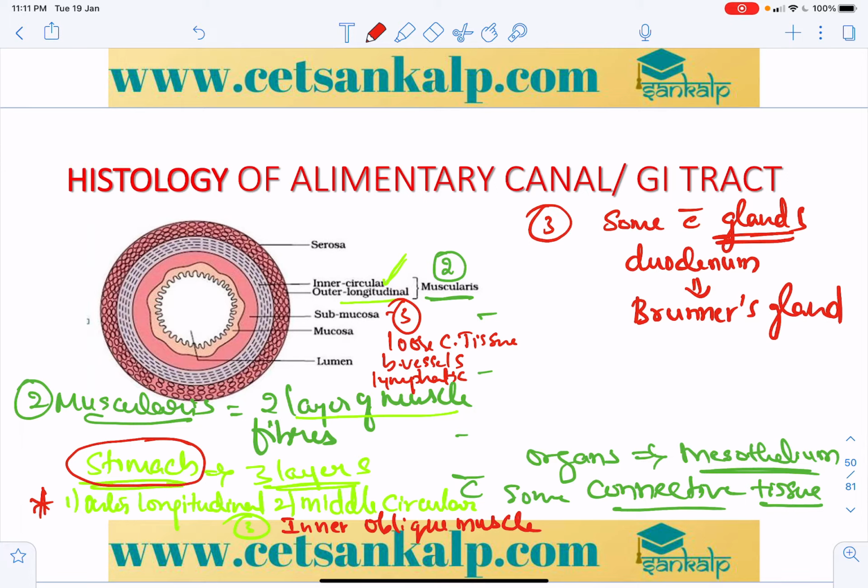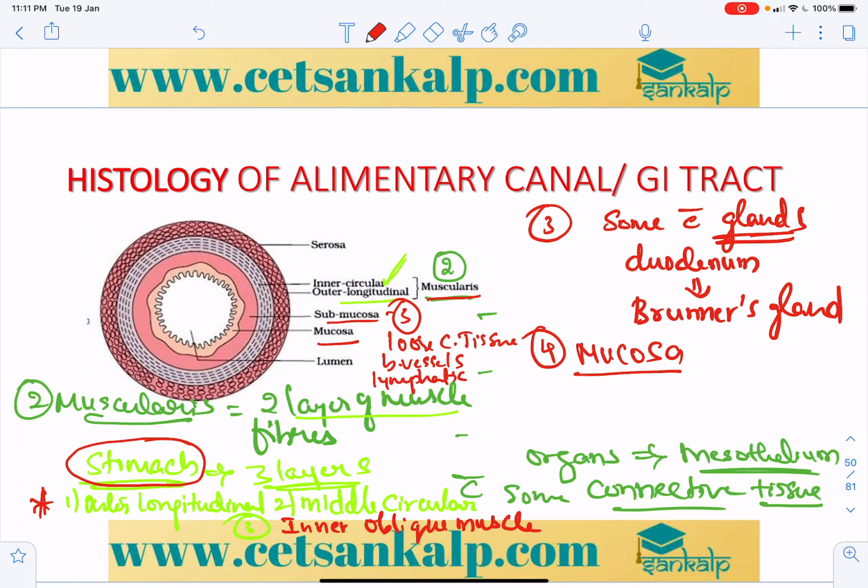And the innermost layer is called mucosa. So outer is serosa, next is muscularis, the third layer is submucosa, and the fourth layer is mucosa.